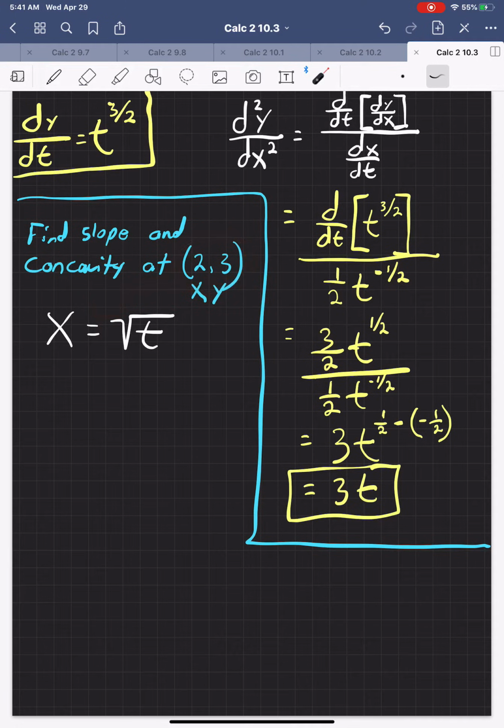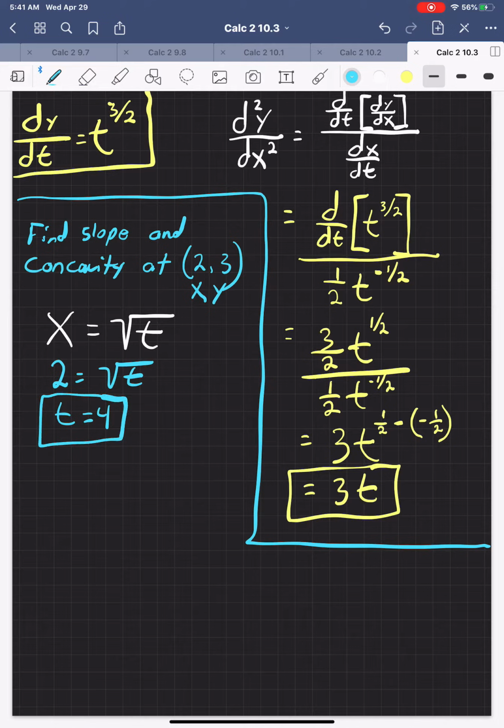Very simple. I know that x is 2, so I'm plugging in 2 for x, and I need to figure out, let's just say, at what time is x equal to 2? At what t is x equal to 2? Well, 2 is equal to the square root of t. We have to square both sides. So that would mean that t is equal to 4.